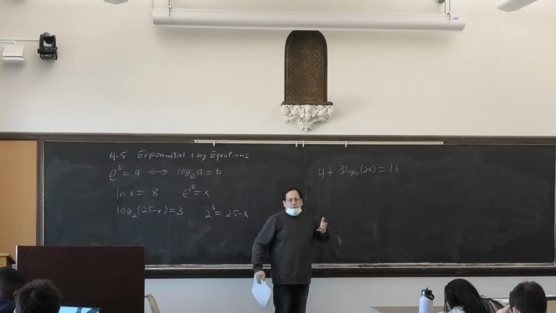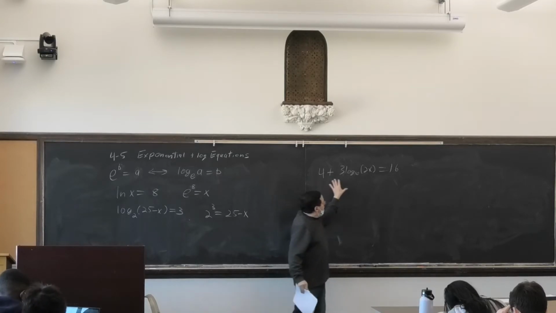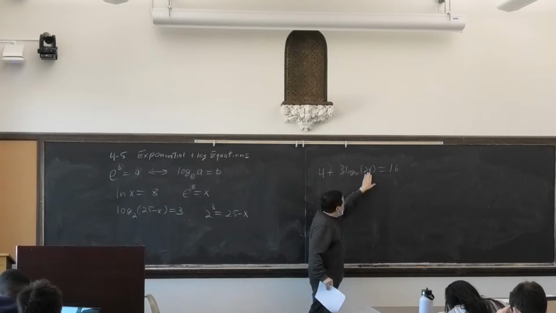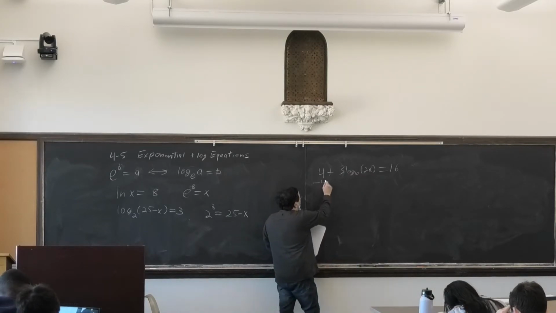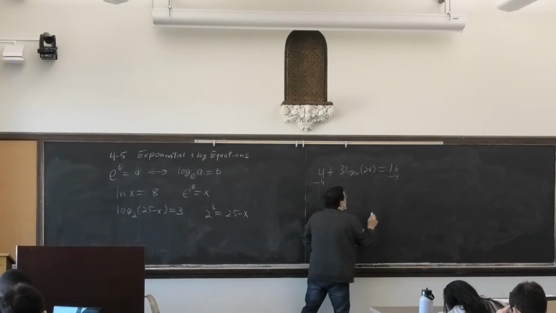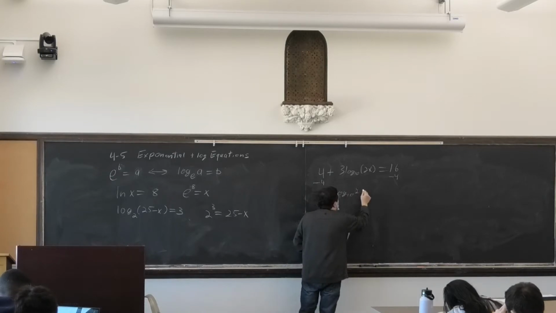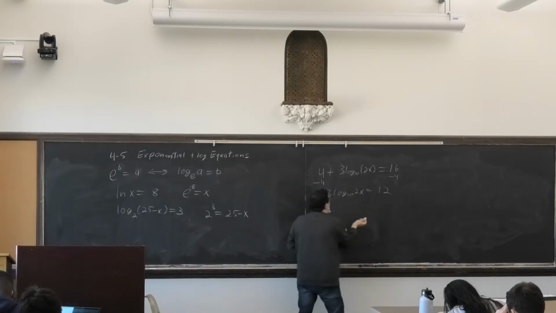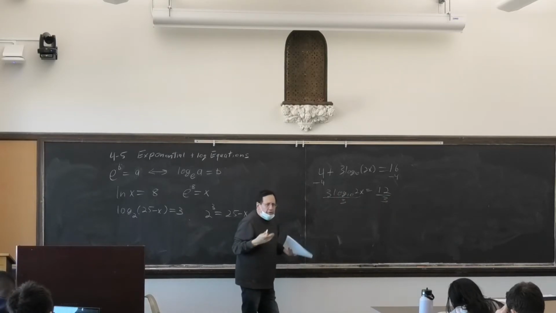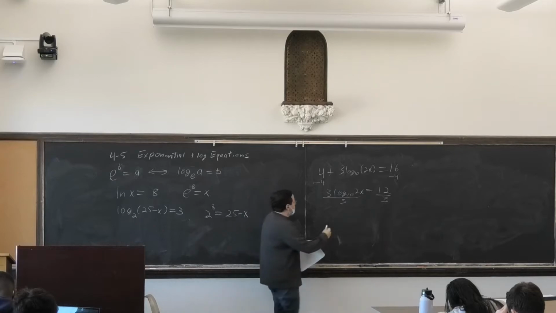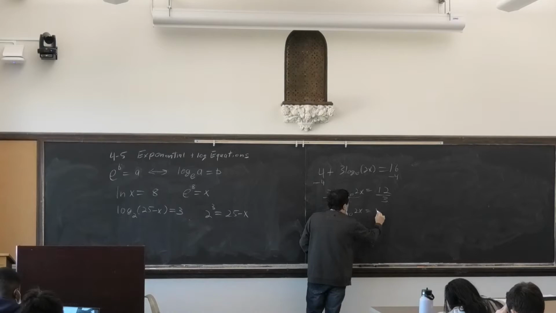Well, just use the skills you have with algebra and step by step get to where you're just left with x. So, of course, you subtract 4. Divide by 3. And you just break it down piece by piece until we get something we really do have to think about.